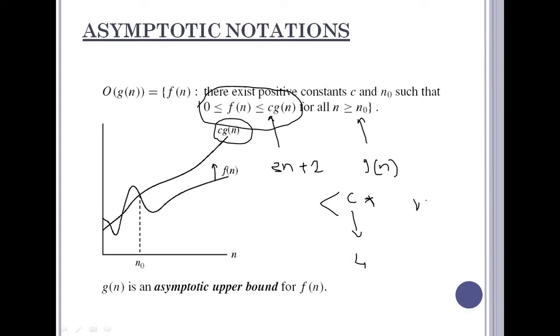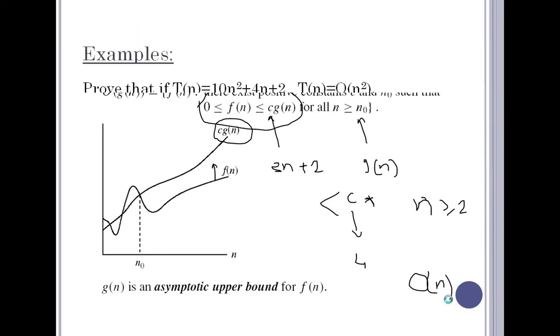Then if n is greater than or equal to 2, for this particular value I can say c multiplied by g of n is always greater than my f of n. So I can say that big O of g of n, that is big O of n, is the upper bound for my f of n. This g of n describes especially the worst case scenario. Above that, the time complexity is not going to be there.